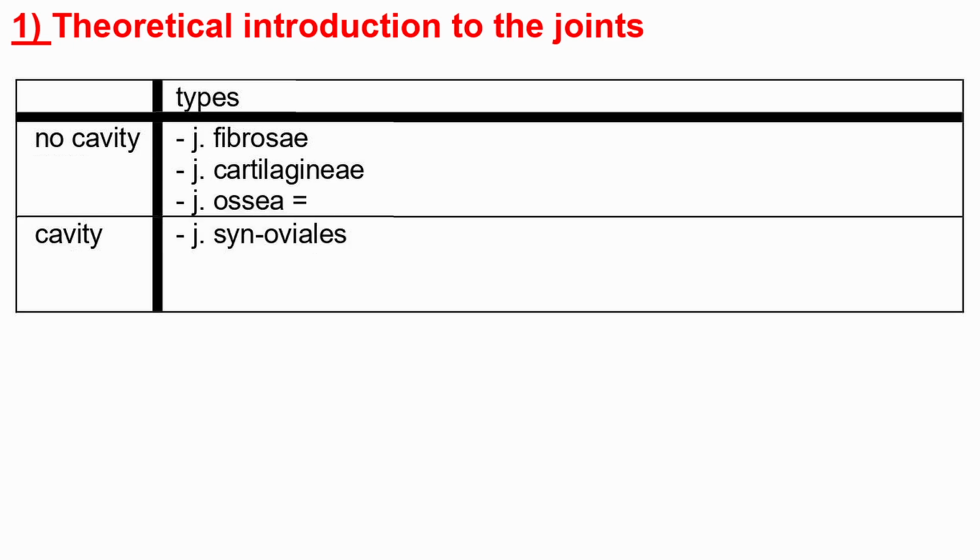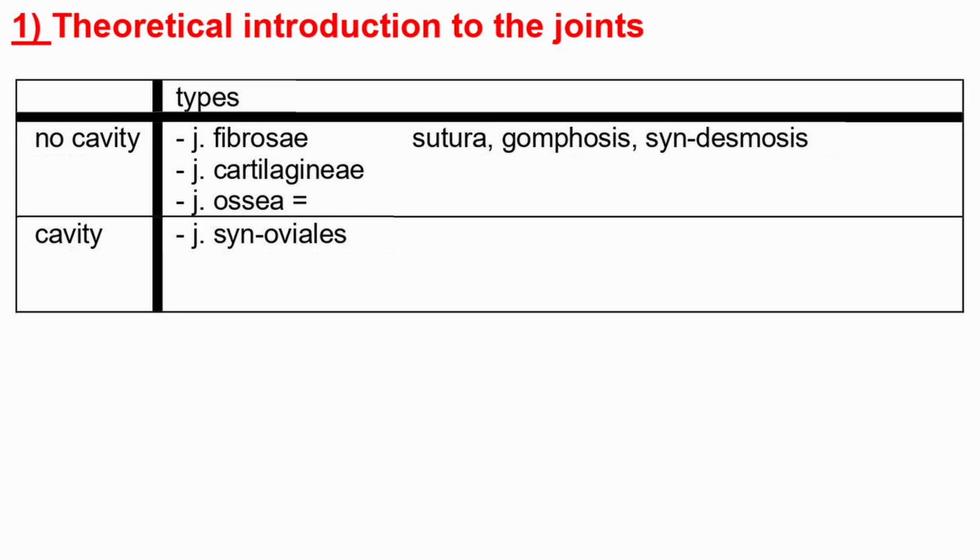The fibrous joints are subdivided into sutures, fibrous tissue joints only between the different parts of a skull, gomphosis, fibrous tissue joints only between the teeth and bones, and syndesmosis, fibrous tissue joints between two ordinary bones.